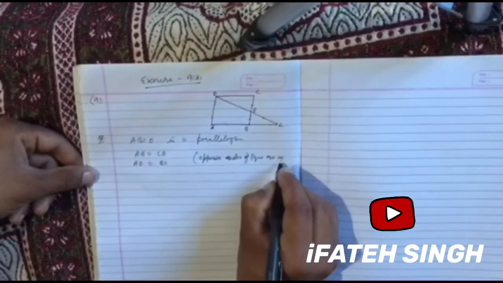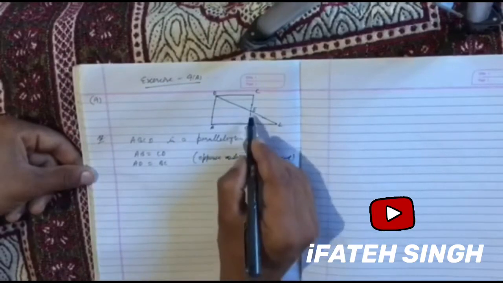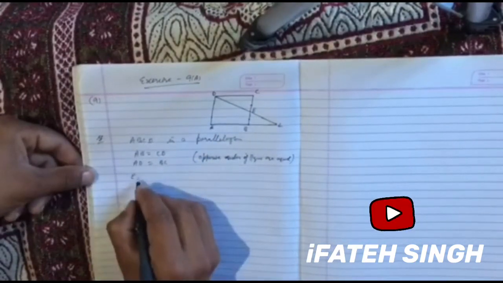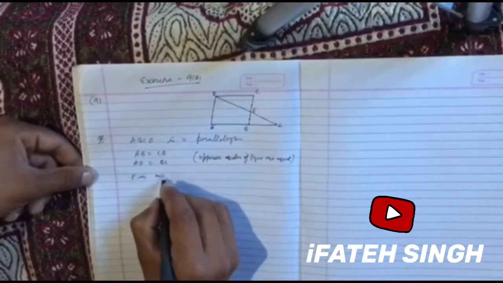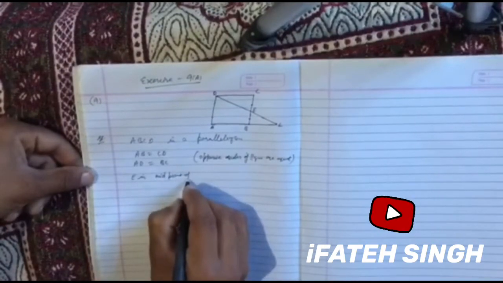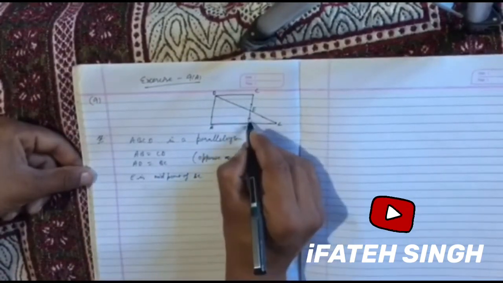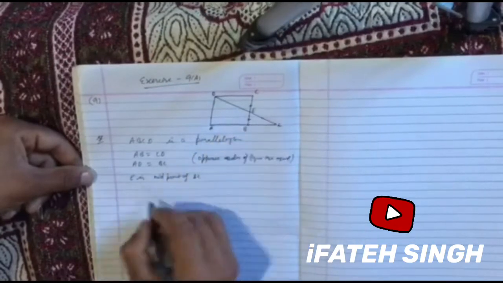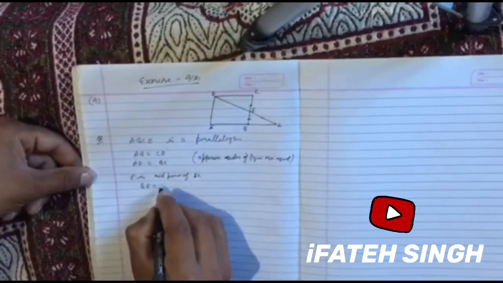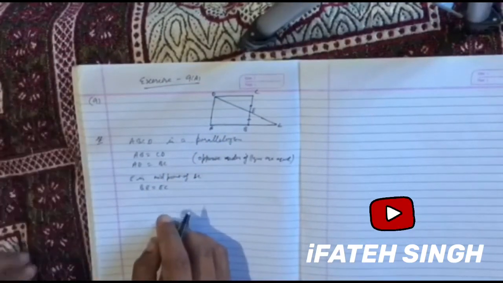Next thing given is that E is the midpoint of BC. It means BE is equal to EC.